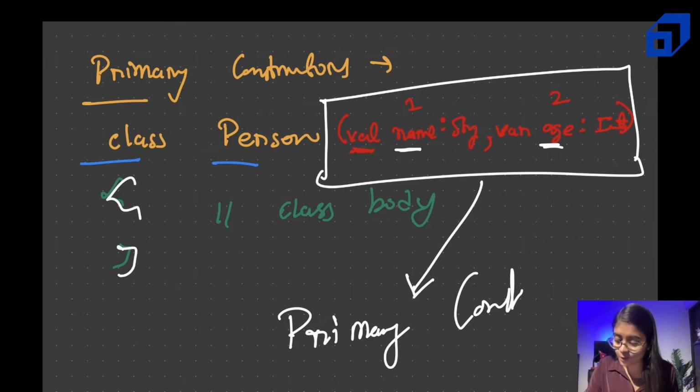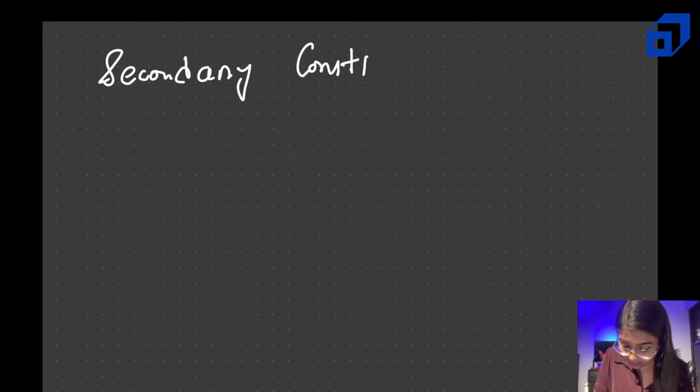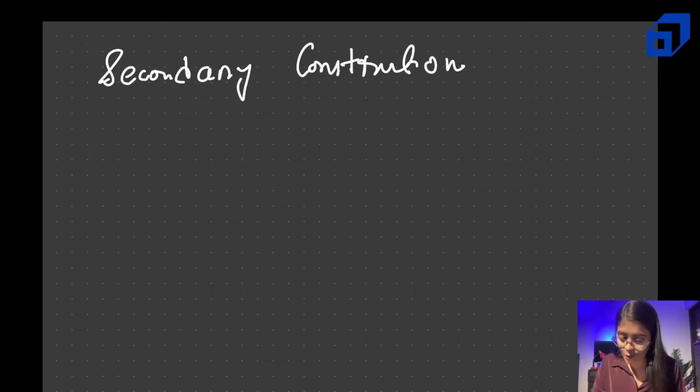Let's move on now to the not so common constructor type, and that is your secondary constructor. If we talk about the secondary constructor, the first thing you must know is that these are not very common.